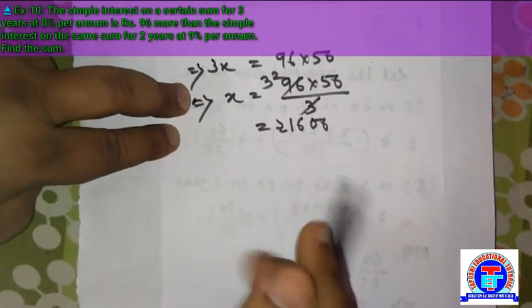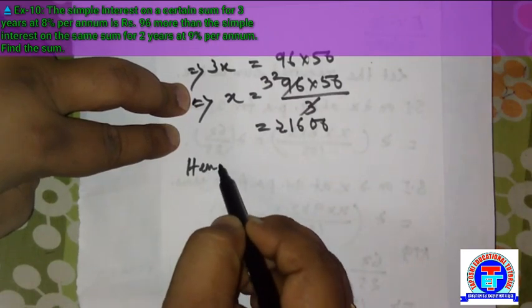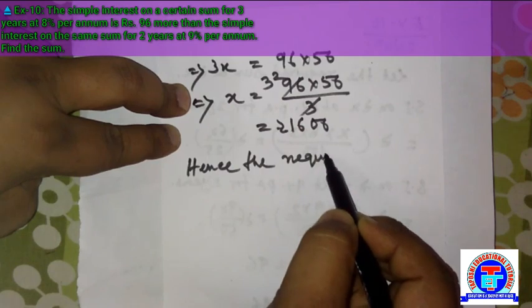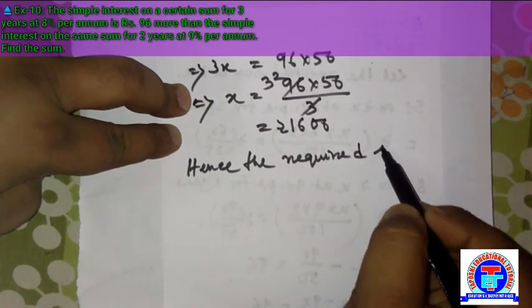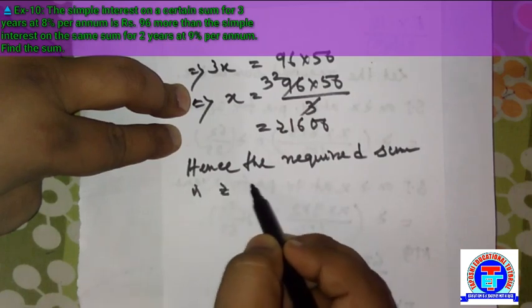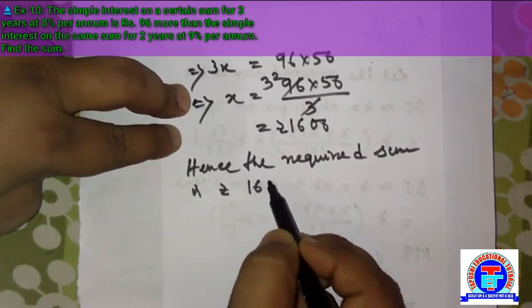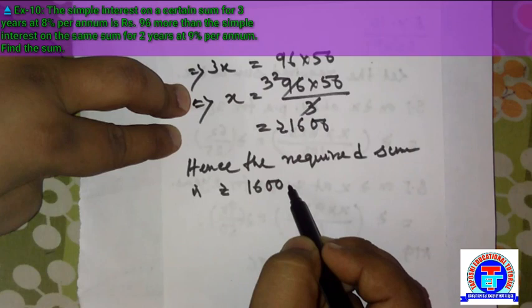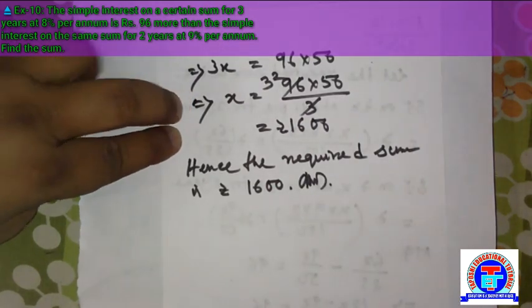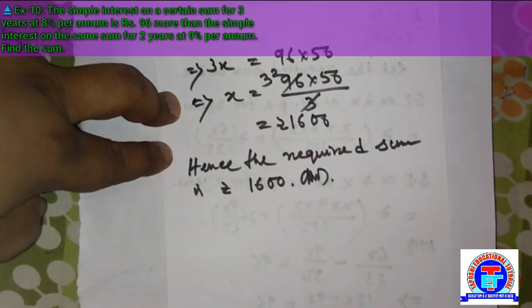Hence the required sum is rupees 1600. This one is the answer. Hope student you clearly understood.